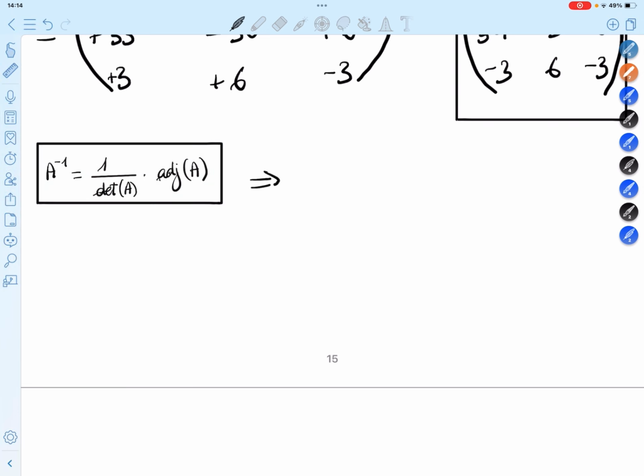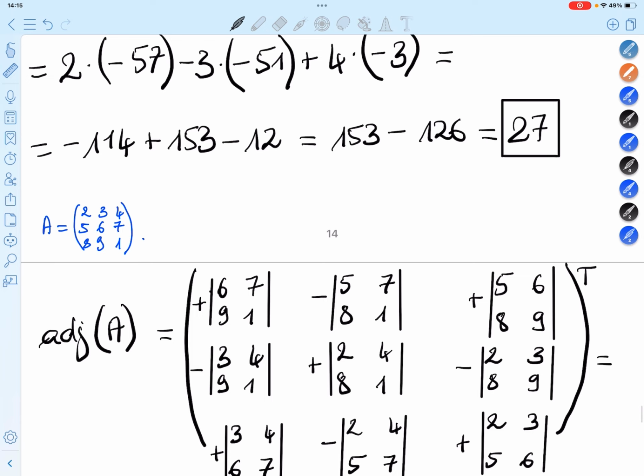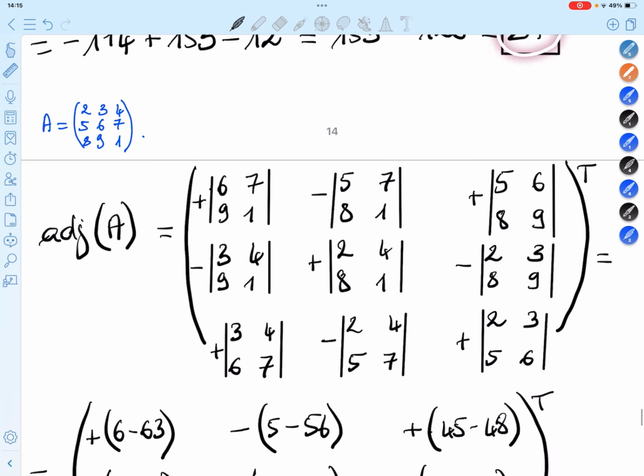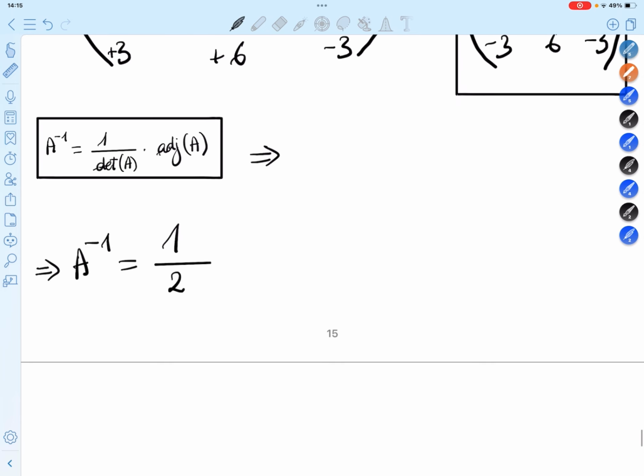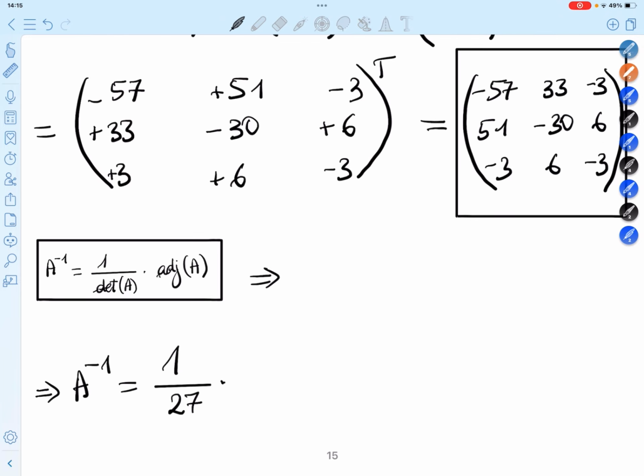So A inverse is equal to 1 over the determinant of A that we have found here, which is 27, times the adjoint of A, which is this matrix here.